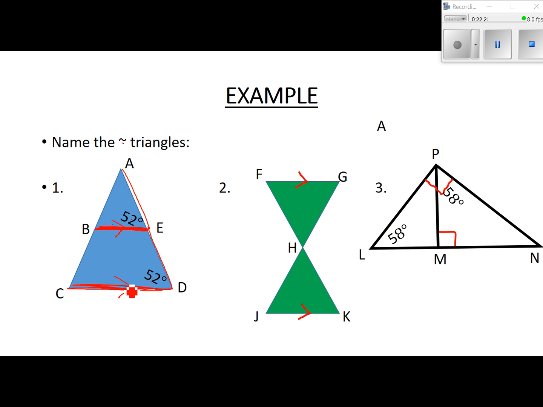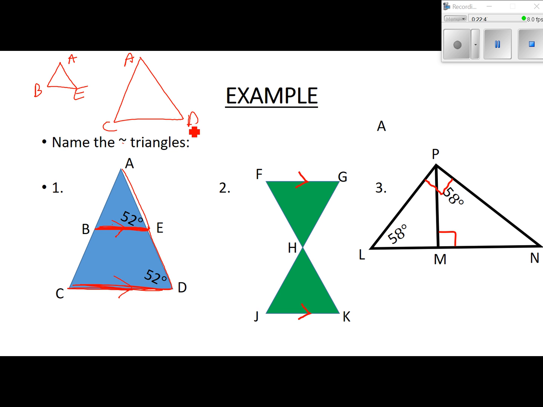The other thing you should be able to pick out here is that there's 2 triangles there. We have the little triangle on top, triangle A, B, E, and you have to be able to split these off so that you can match them up. Then we have the big triangle, which is triangle A, C, D.